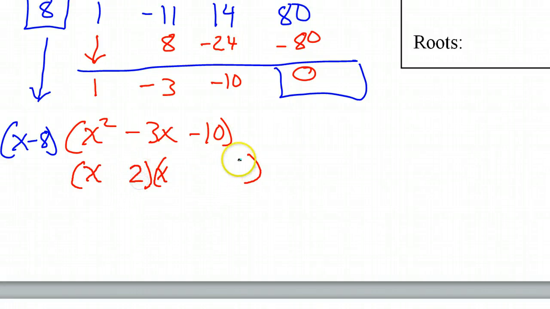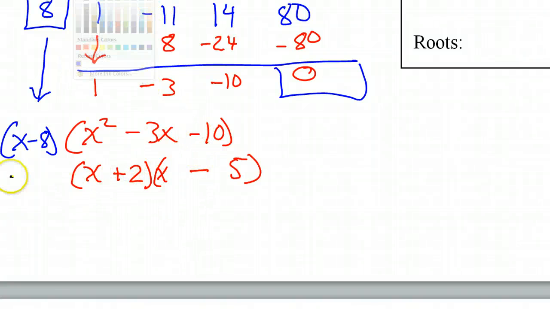I'm thinking 2 times 5 because I'm looking at this negative 3. If I have a positive 2 and a negative 5, that will give me negative 3, and a positive times a negative is a negative. So that's how you factor it.